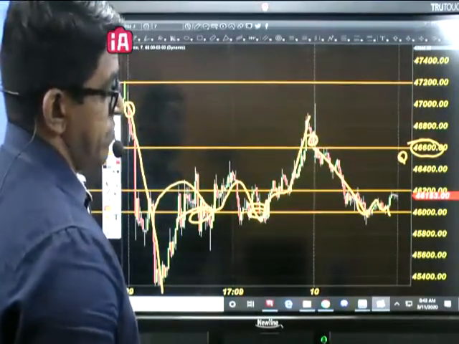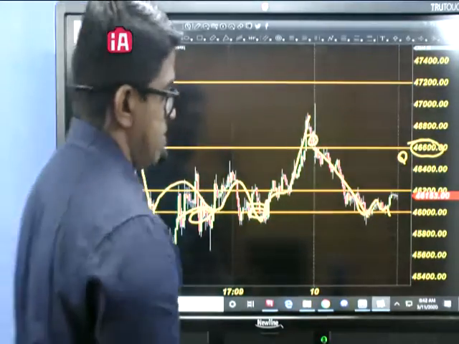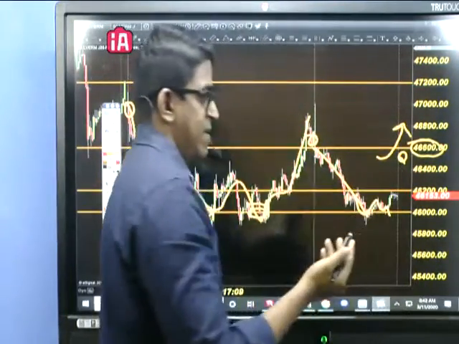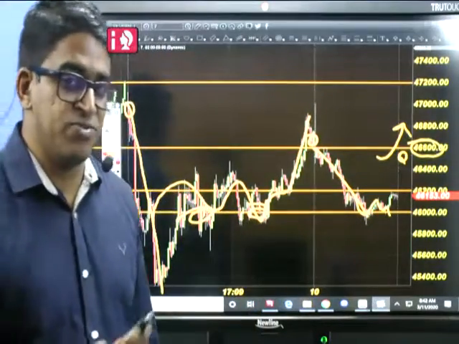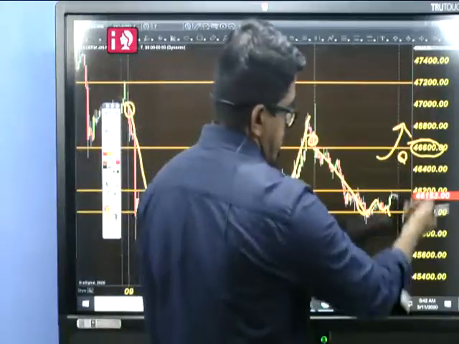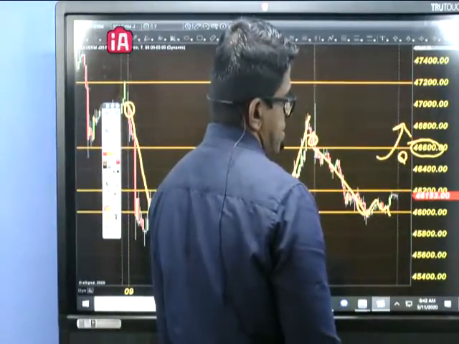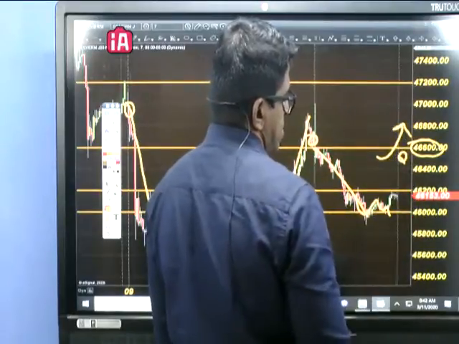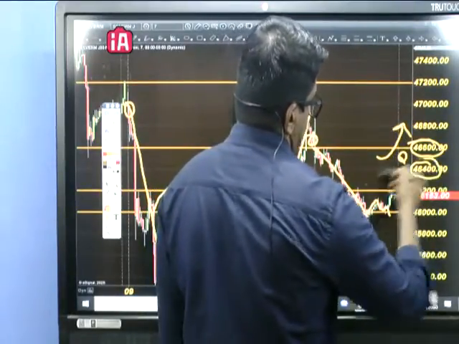You can go for buying, we don't have options. If you go for a breakout like what we had planned in gold mini, you cannot do the same here because the stop loss range is very deep down. If you want to play the breakout, you cannot place a stop at 46,400.